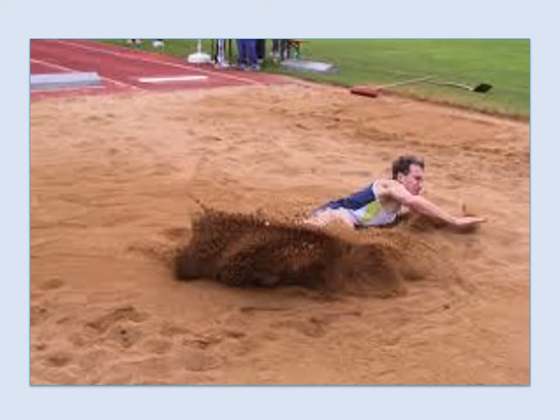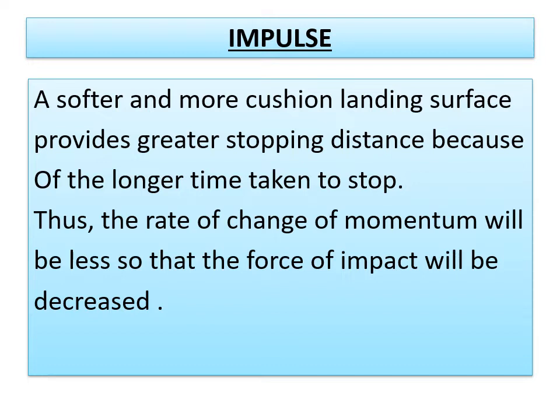Okay, so I have given two cases. One is a pole vault jump, the other one is long jump. In a pole vault, the person lands on mattresses, a cushion type surface. In the long jump, the person lands on the sand.